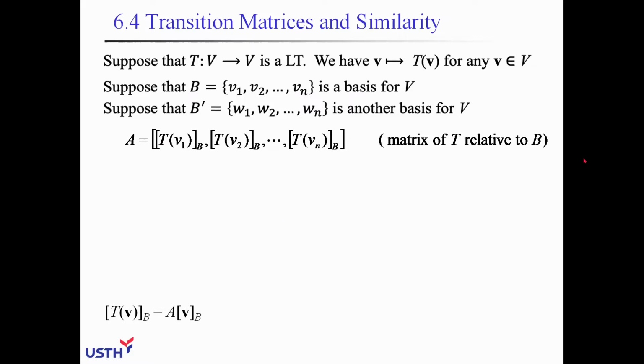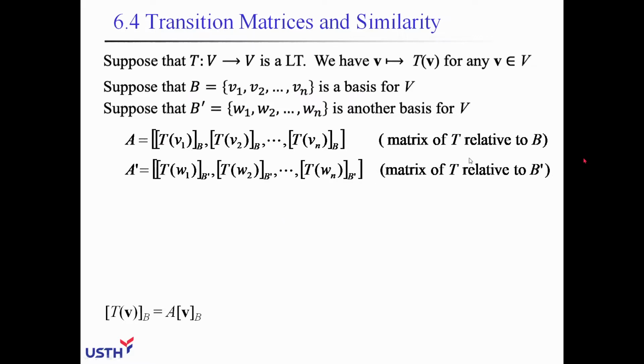And then again we have the matrix of T relative to B prime, which will be denoted by A prime, and we define it the same way as for A. But now we consider T of W1, T of W2, T of Wn, and we take the coordinates in the basis B prime.